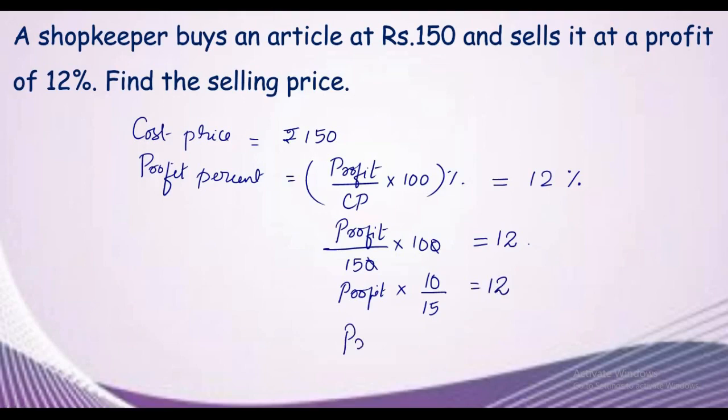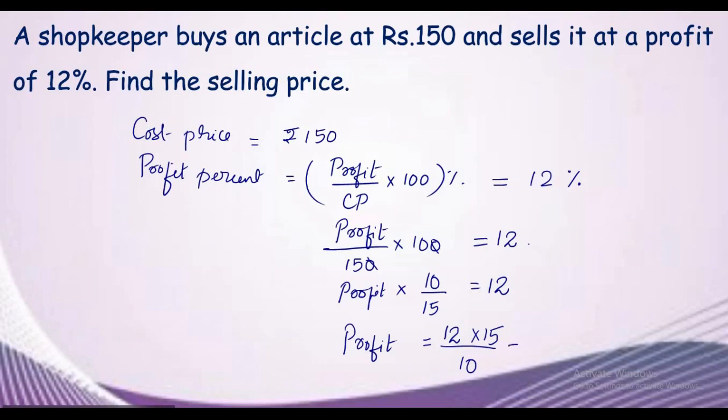We have learned in the previous class how to solve this. To solve this equation, let me keep profit on the same side itself. I am moving 10 and 15 to the opposite side. Let's write 12 there itself. 15 in the denominator will move to the numerator, and 10 in the numerator will move to the denominator. So profit is equal to 12 into 15 by 10.